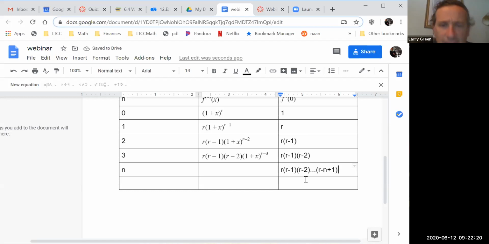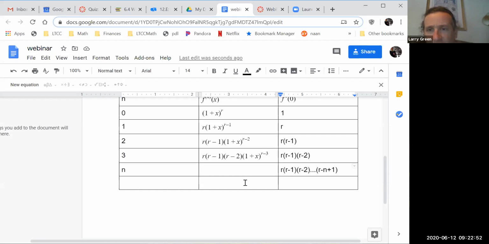Any questions on how that happened? Notice that if n equals 3, we stopped at 2. Any questions on that? So in particular, we're going to stop 1 less than what our n is.